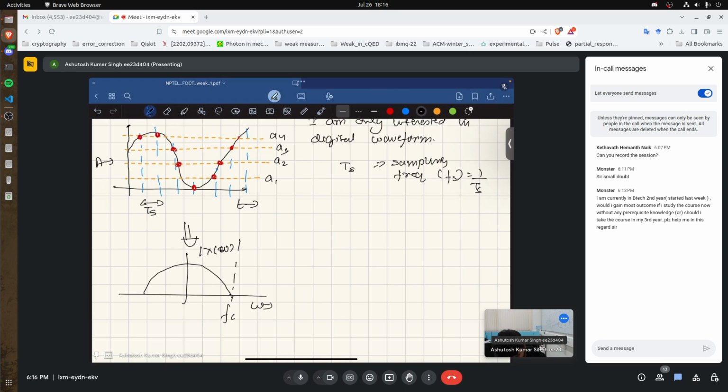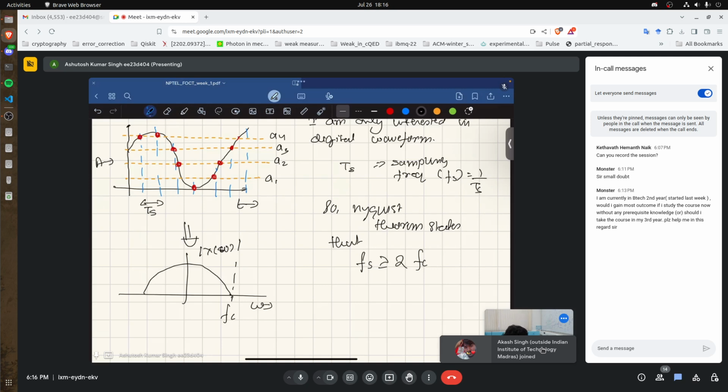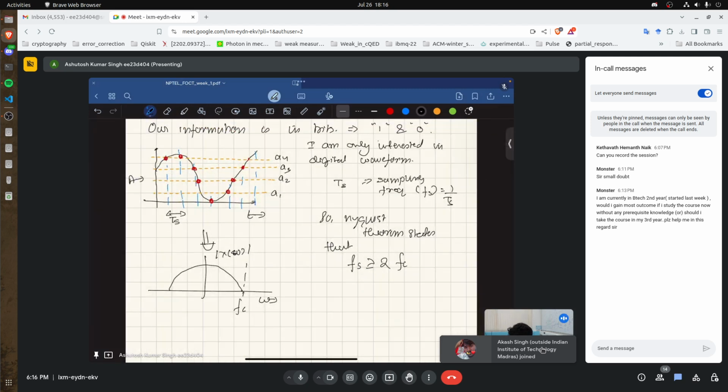This is F cutoff. So Nyquist theorem states that I have to sample it at least twice the frequency of this, twice the carrier frequency, twice the bandpass limit. So my sampling frequency, 1 divided by Ts, should at least be 2 times this.